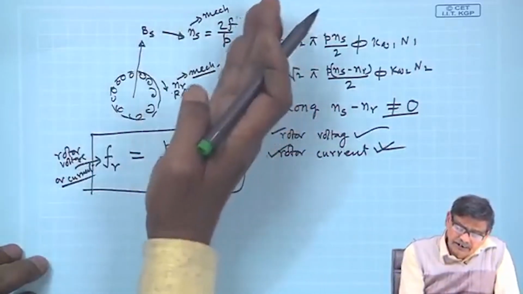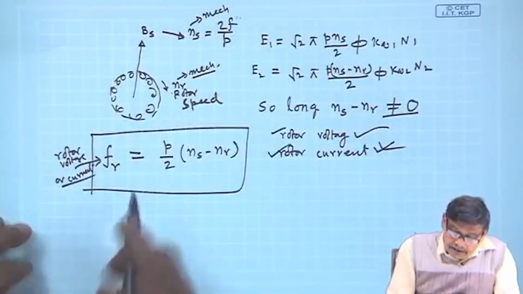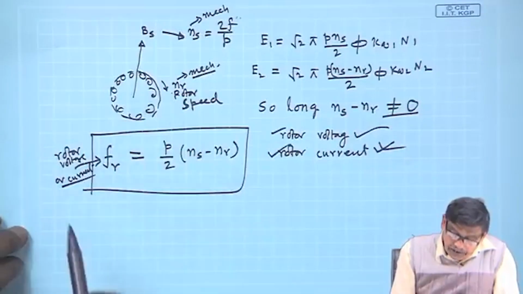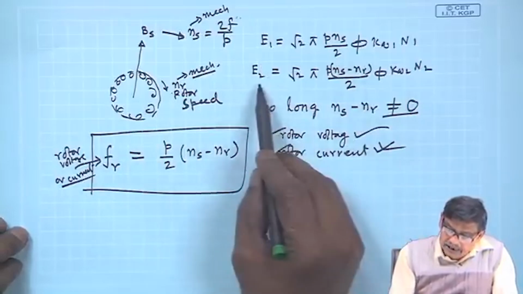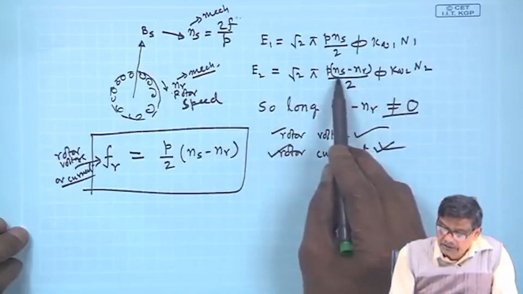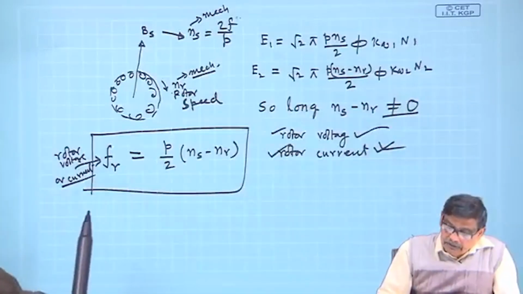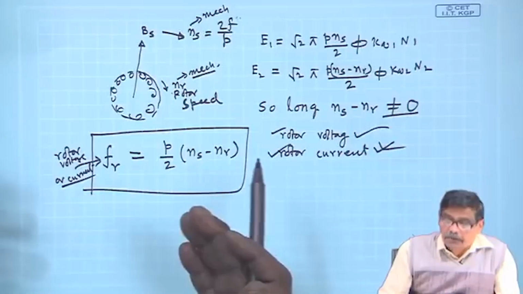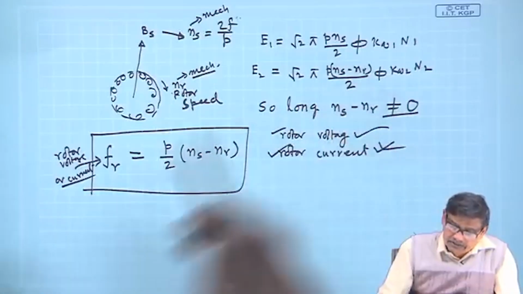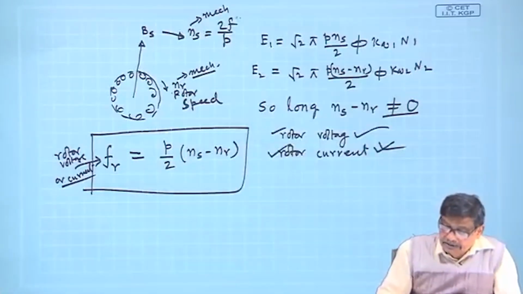So the stator field speed with respect to the stator structure remains the same, and the rotor is now moving. We know that the RMS voltage induced depends on n s minus n r, which decreases from the instant at t equal to 0 plus, when n r was 0.